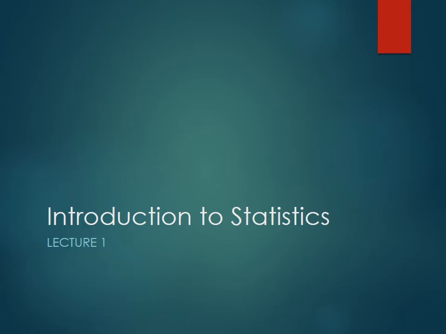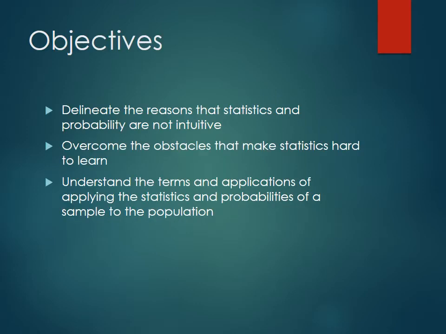So right now we'll do our quick introduction. We want to delineate some of the reasons why stats and probability aren't intuitive to people, especially when reviewing medical literature at a glance. You never want to be the type of clinician that makes a decision for a patient based off reading an abstract, right? It's bad practice, because lots of bad things can show up in abstracts, or there isn't enough information.